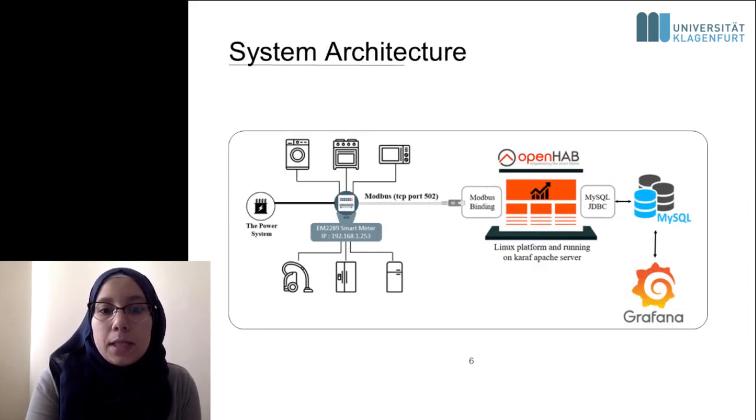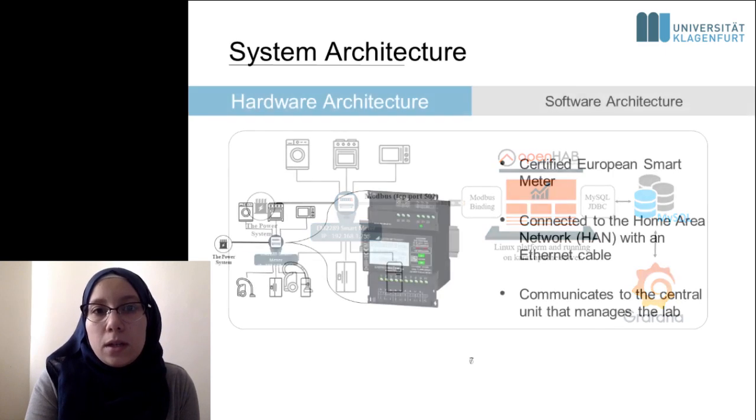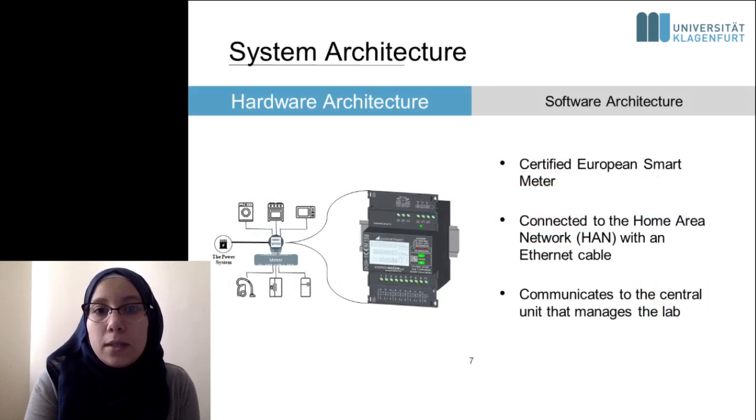So the picture shows the overall architecture of our system. It's mainly composed of a hardware part and a software part that are linked through an Ethernet connection. So for the hardware part, we used a certified European smart meter because it is intended that 80% of European customers will have a smart meter installed by the end of 2020, and this will help us to better simulate a European household.